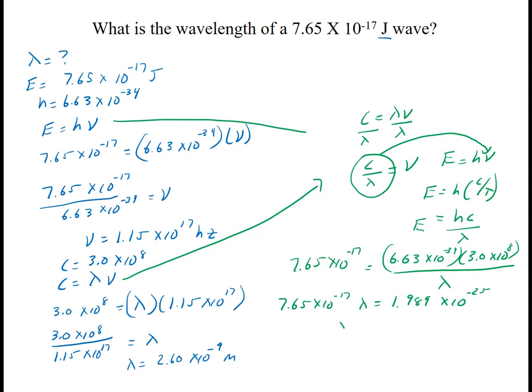So now lambda is 1.989 times 10 to the minus 25th divided by 7.65 times 10 to the minus 17th, and I still get the 2.60 times 10 to the minus 9th meters. Okay, so either way I get the same answer.